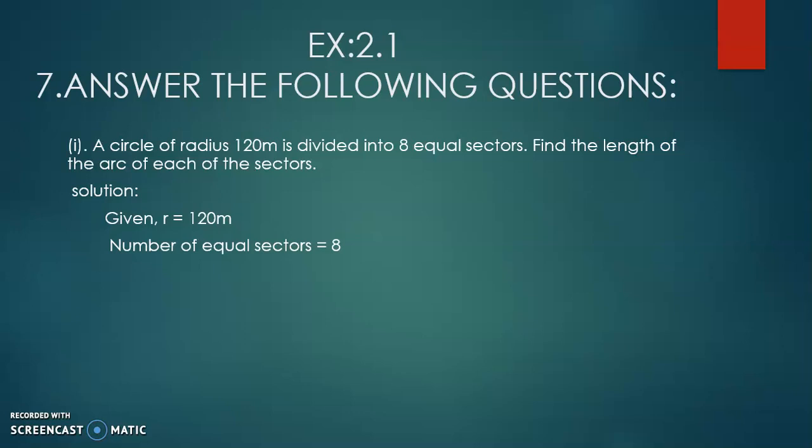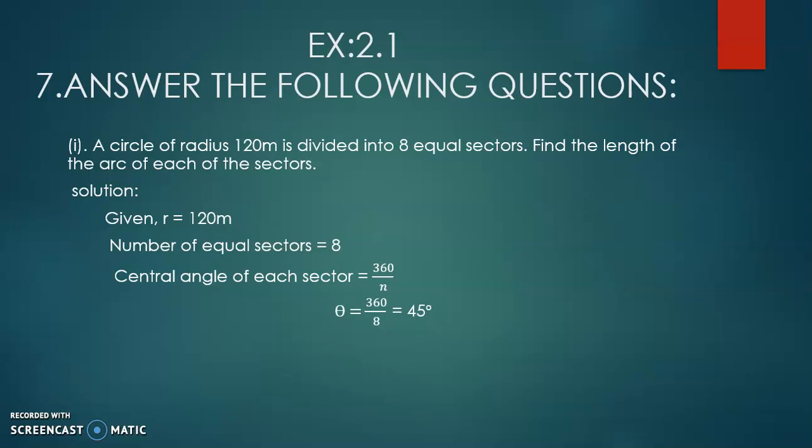What we have to find? Length of the arc. But before that we have to find theta, because length of the arc is equal to what? Theta by 360, isn't it? So we have to find theta first. Central angle of each sector is equal to 360 by n. Now theta is equal to 360 by 8, that is equal to 45 degree.